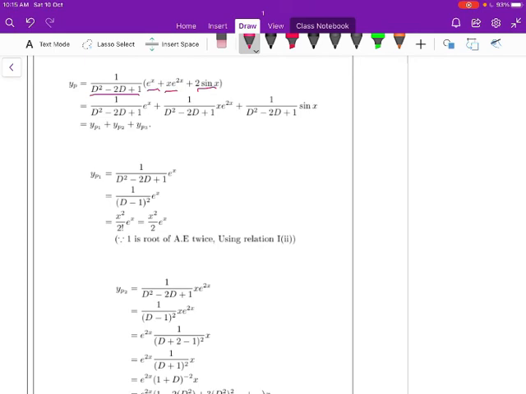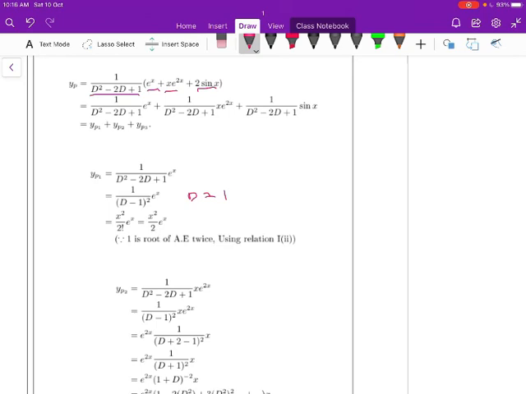1 by d square minus 2d plus 1 into e power x. So this can be written as 1 by d minus 1 whole square into e power x. In the case of exponential, you just take d equal to the coefficient of x, that is 1. If you take 1, the denominator goes to 0. That 1 is a root repeated 2 times in the auxiliary equation. So for that, what to do? Multiply by x square and divide by 2 factorial.